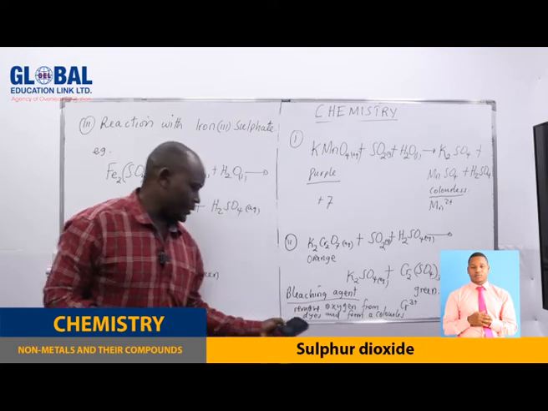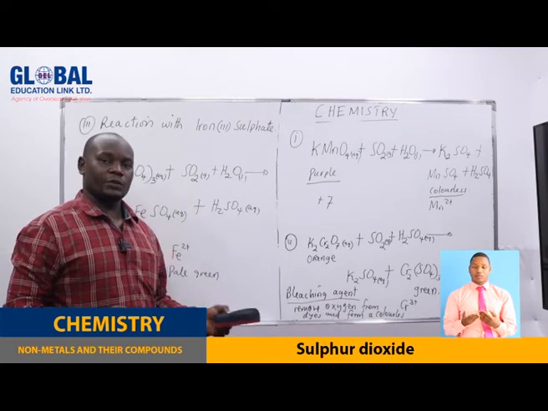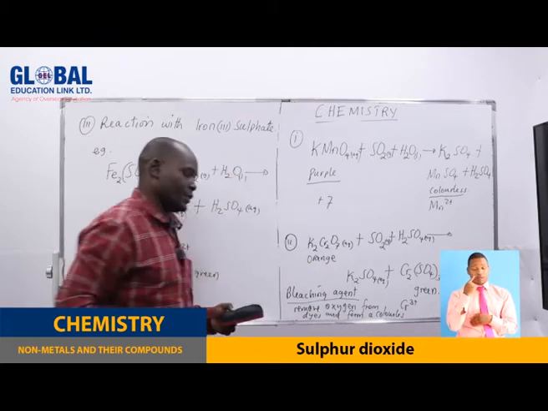So that is one of the applications we will see of sulfur dioxide. So it is used as a bleaching agent.